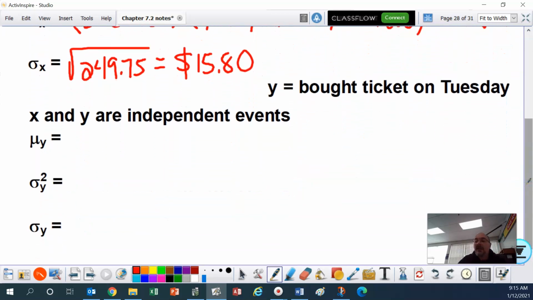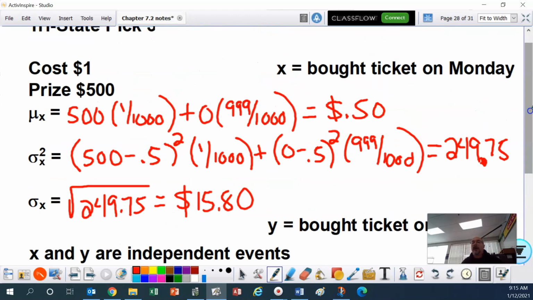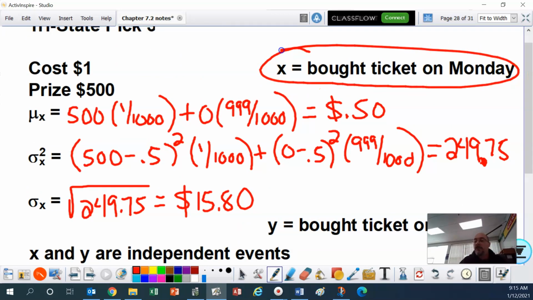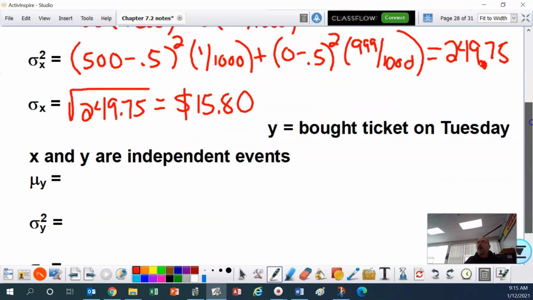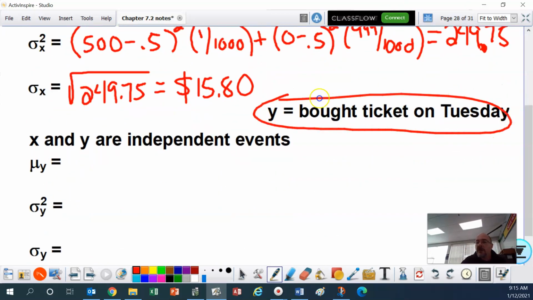So if you bought a ticket on Tuesday, folks, so this was buying a ticket on Monday. Okay, this is buying a ticket on Monday, right? You bought a ticket on Monday. Then you bought a ticket on Tuesday. So are things going to change? No. The expected payout is still going to be 50 cents.